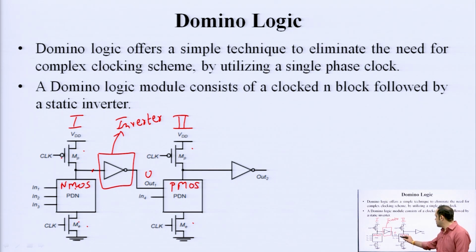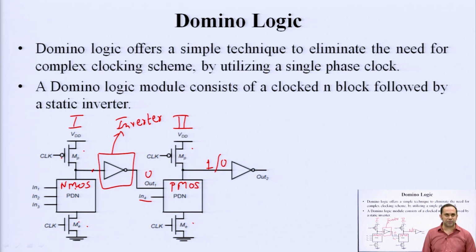So, until and unless your logic 1 input, say in 4 here, is providing a path, there is not going to be any discharge, okay, and 1 is going to remain. If somehow it provides a path to discharge, then a 0 is going to remain. Okay. And then evaluation is done for every successive stage, and when the pre-charge comes again by default you have input as 0. Okay. So, this is known as domino.